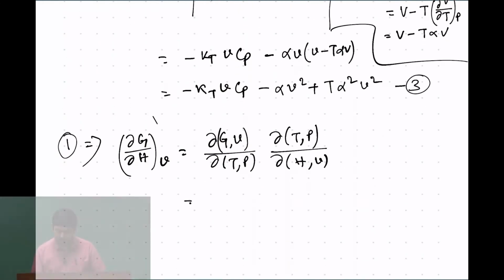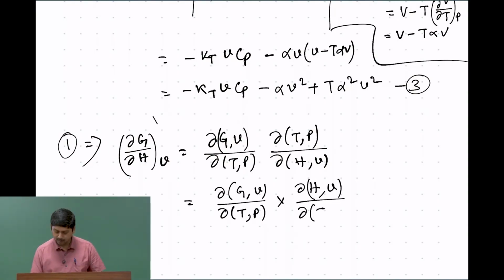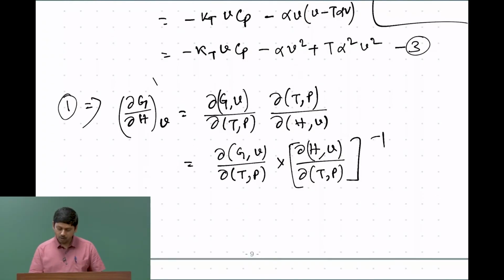We wrote this as del g v by del T p multiplied by the inverse of del h v by del T p. Now, we got this quantity as this one.